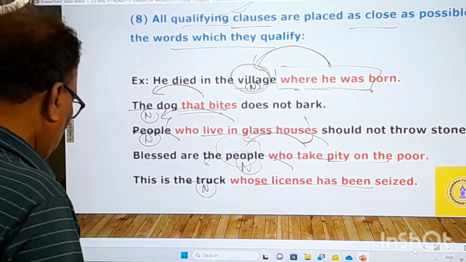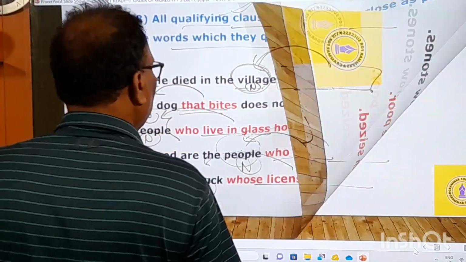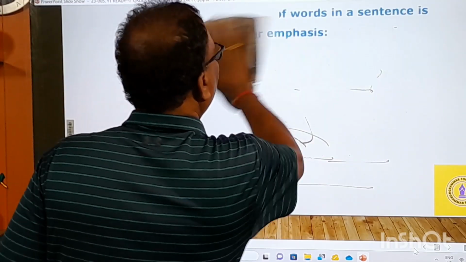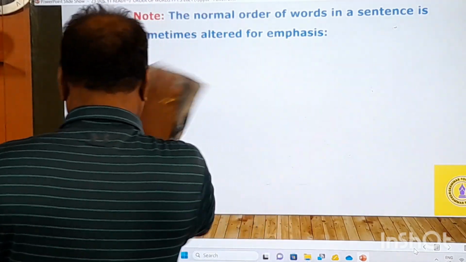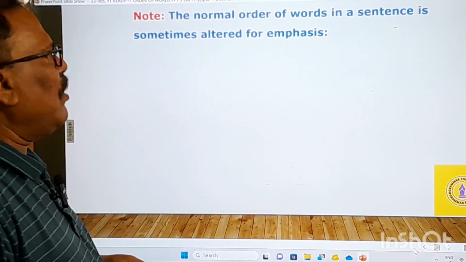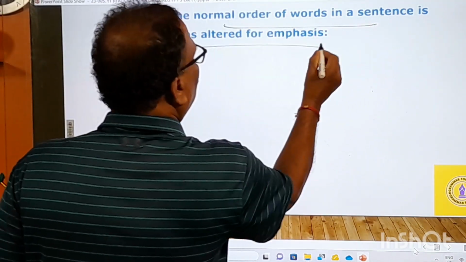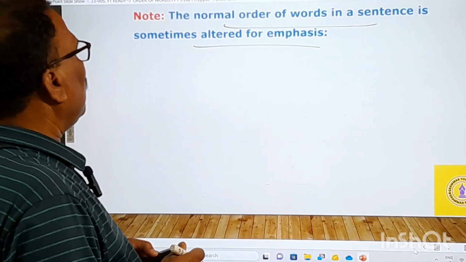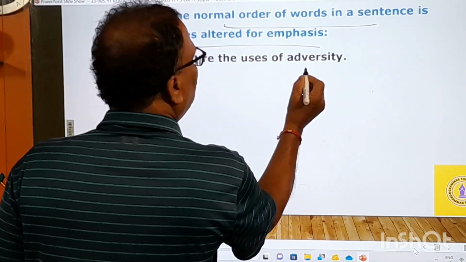Okay, right. And here now we are going to the next rule. One important thing: if you don't place the words in order, what happens? The normal order of words in a sentence is sometimes altered for emphasis. So sometimes, for emphasis' sake, the normal order is changed: "Sweet are the uses of adversity."